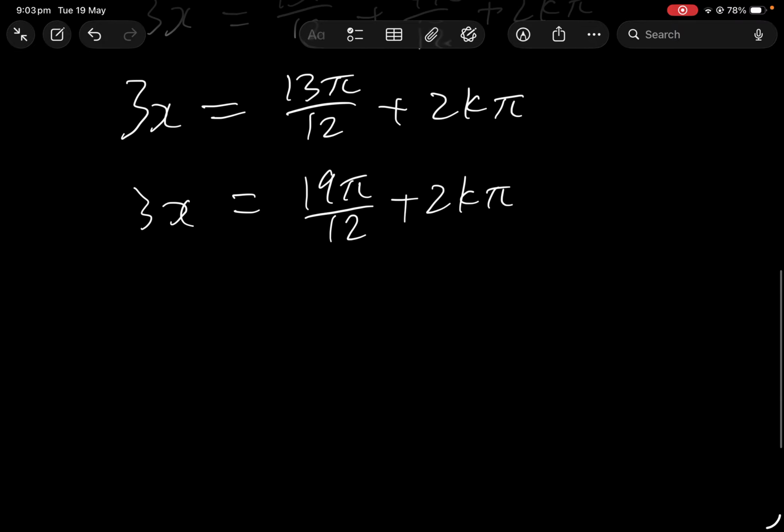Okay, now we can move the 3 to the other side. Now it's easier. So 13π/36. We'll make 2π into 72π/36 as well because this is the final thing and it's easier to add the k.